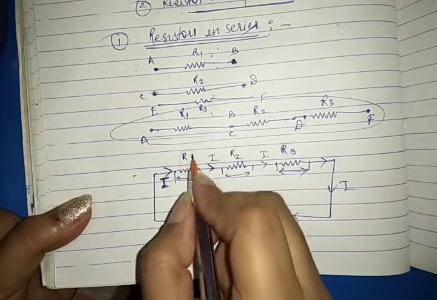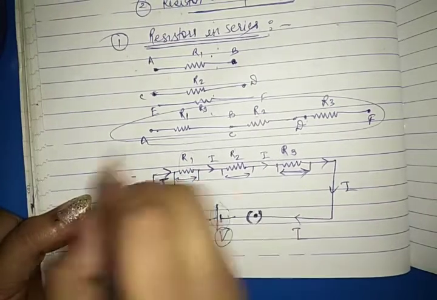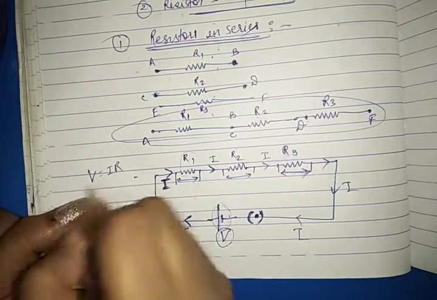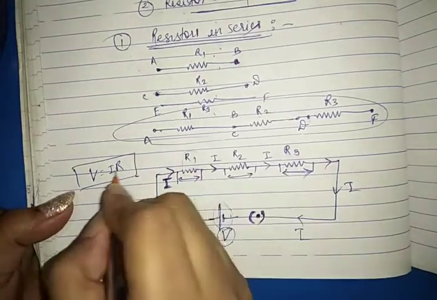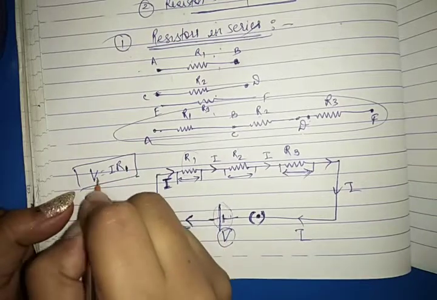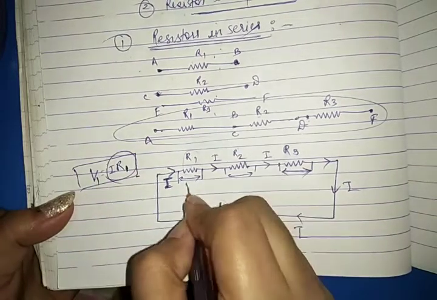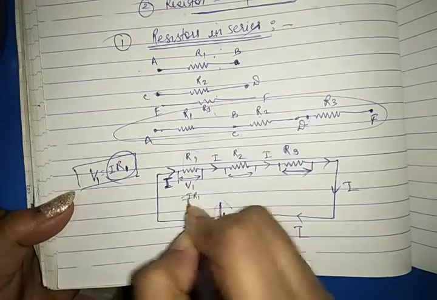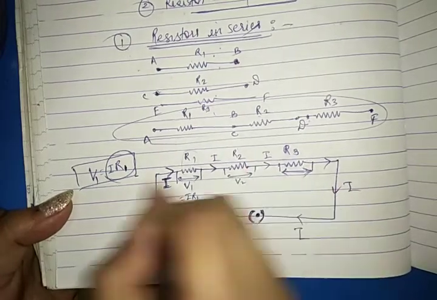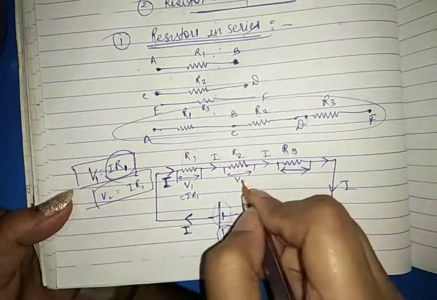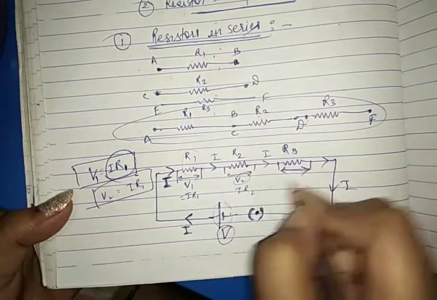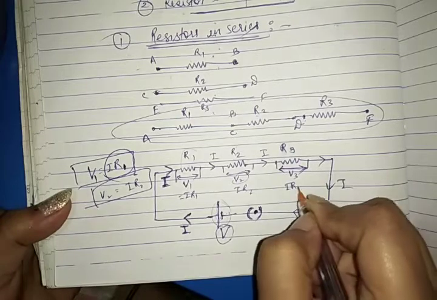So the potential drop across R1, by using Ohm's law V equals IR, will be V1 equals IR1. The potential drop across R2 will be V2 equals IR2, and the potential drop V3 will be IR3.